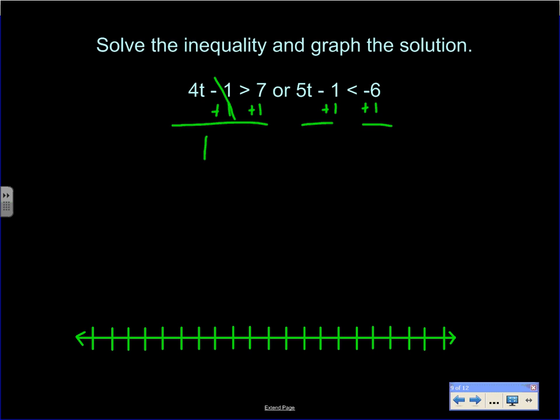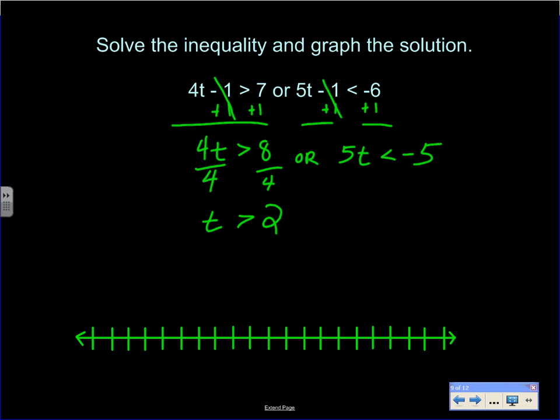Those cancel, so we have 4t is greater than 8, or 5t is less than -5. And see, this is where it's different. Our next step is to divide by 4, divide by 4. t is greater than 2.